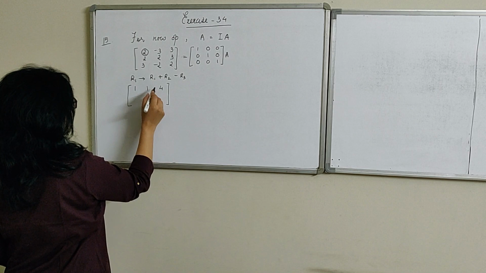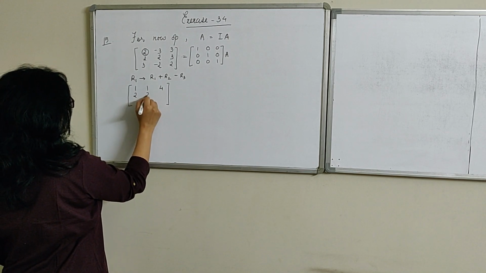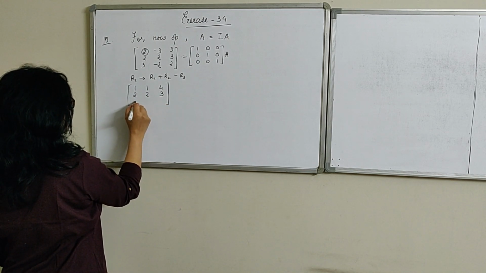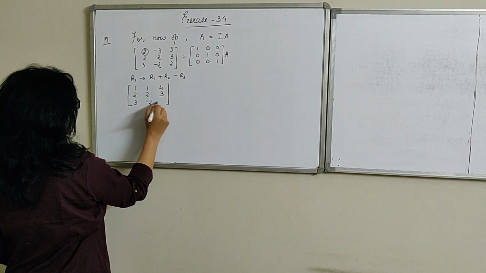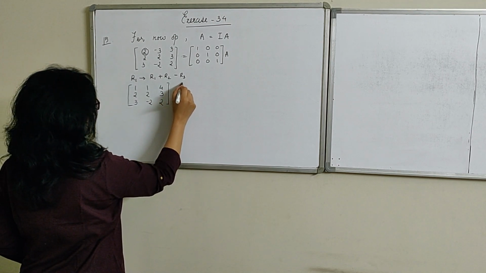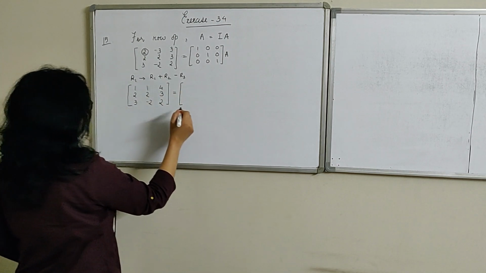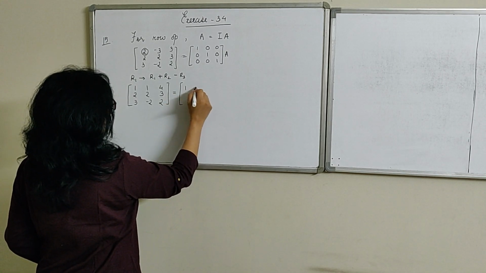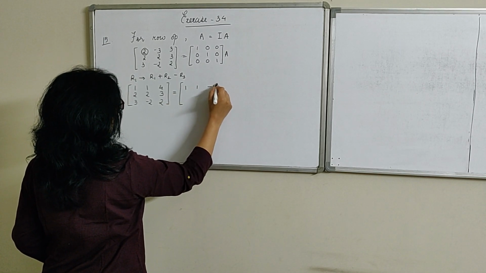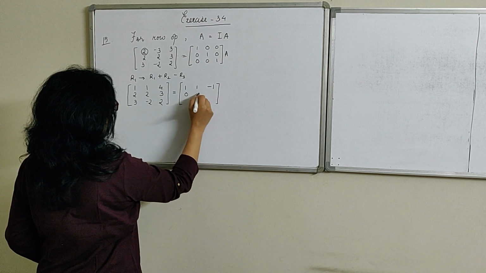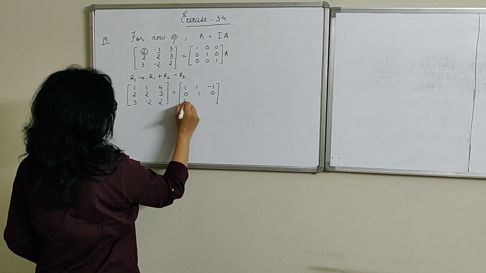So the first row elements change, the second row elements remain the same. Performing the same operation on the identity matrix, we get 1, 1, minus 1. Second and third rows remain the same.